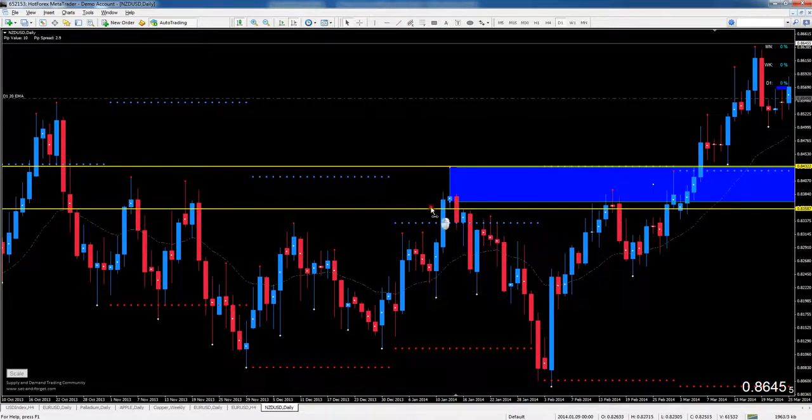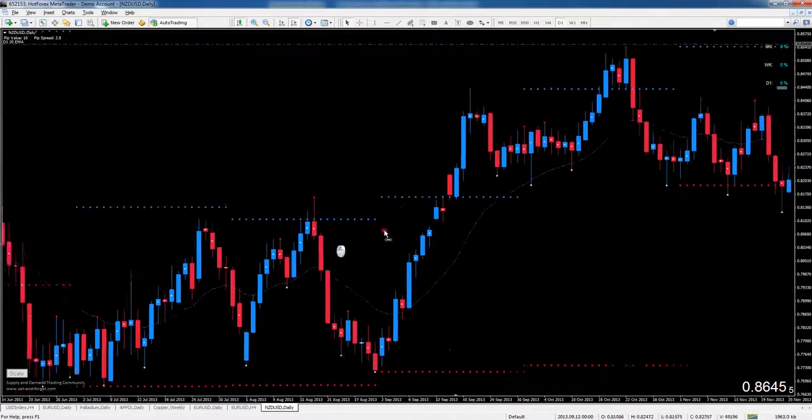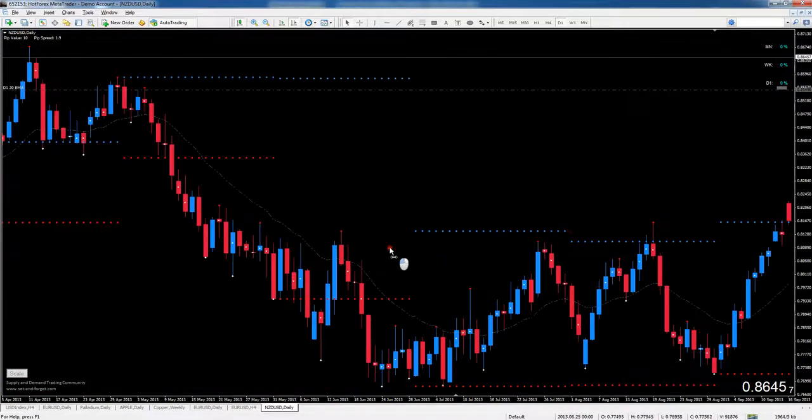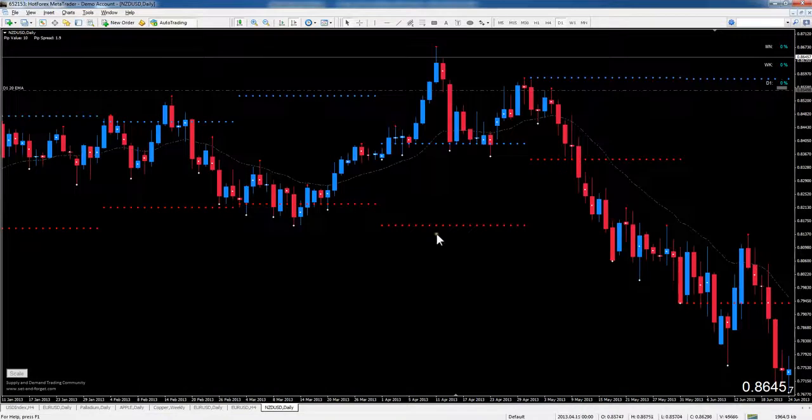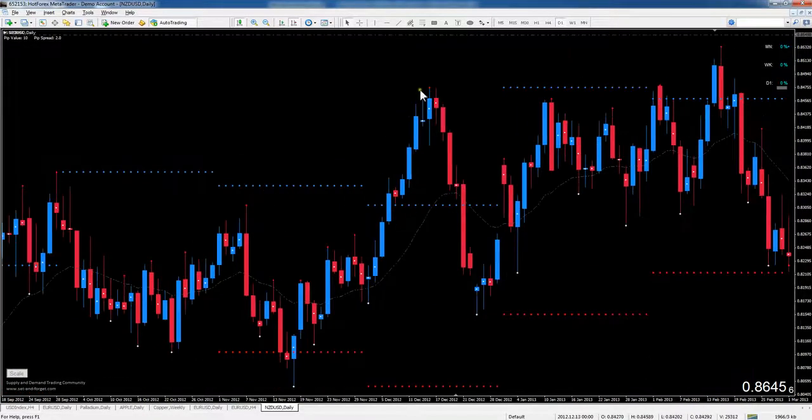Okay, so let me locate a few more. Yeah, this one over there as well, or even this one. So this one: rally, base, drop. Okay, it rallies, bases and drops.